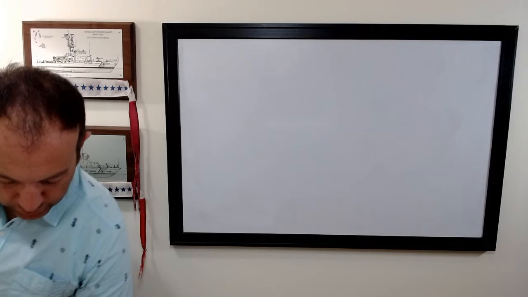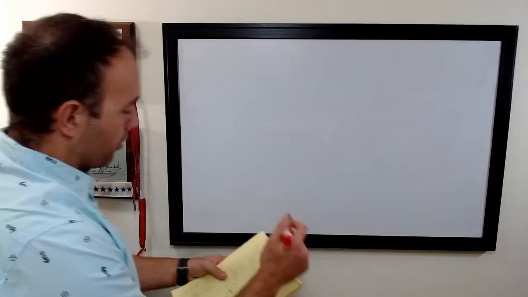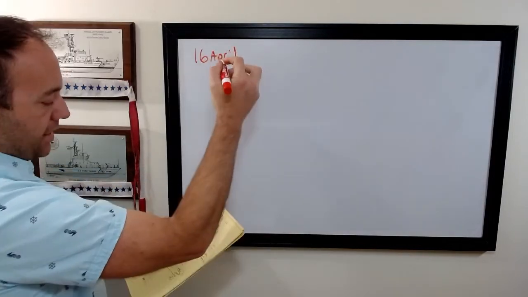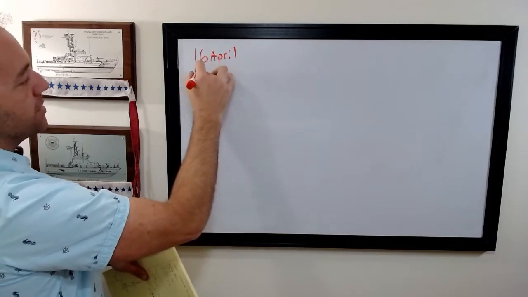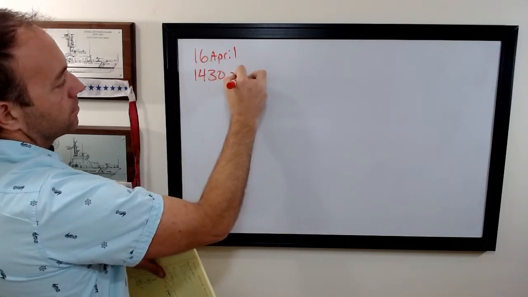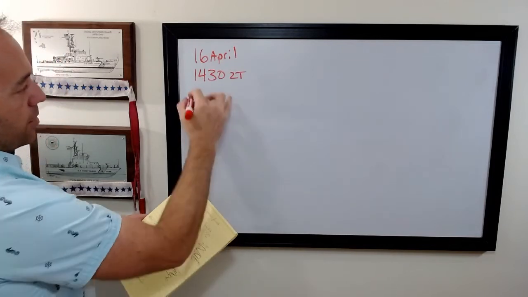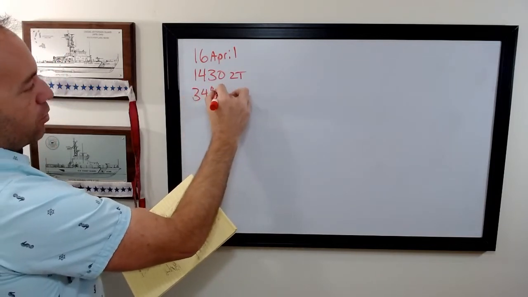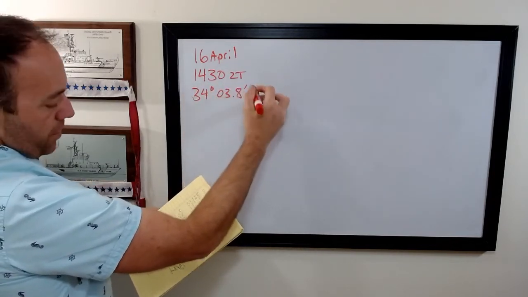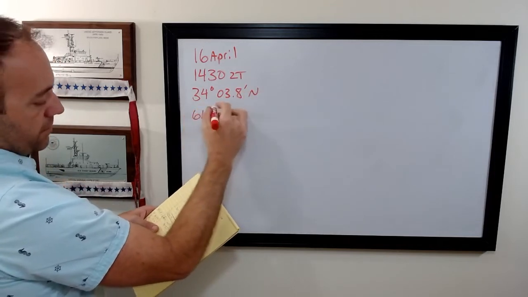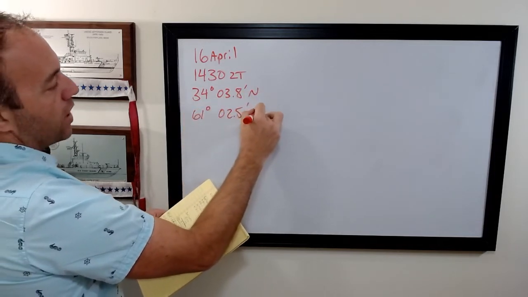Okay, so we're on the 16th of April, and it's 14:30 zone time. And our position is 34 degrees 03.8 minutes north and 61 degrees 02.5 minutes west.